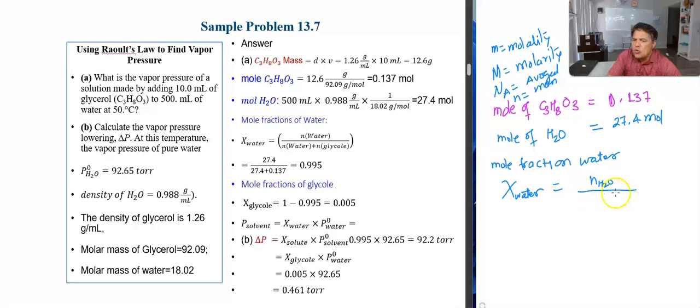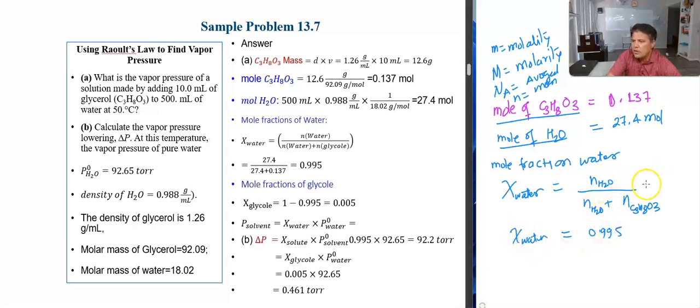So n H2O divided by n of water plus n of the glycerol, C3H8O3. If you plug in everything here, the glycerol mole is this, the water mole is this, then the mole fraction of water will be equal to 0.995.